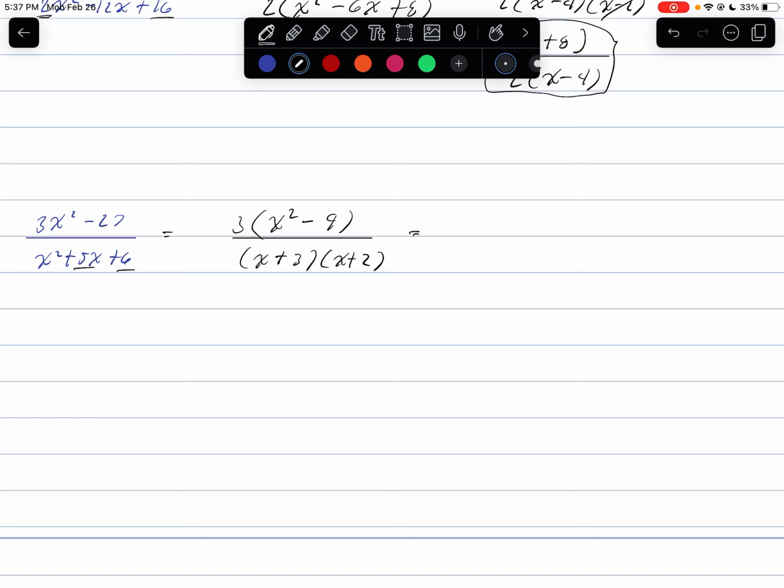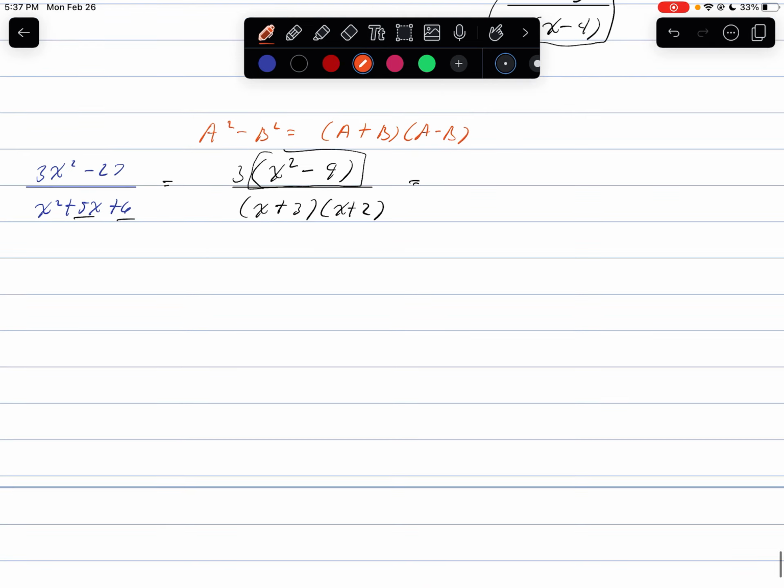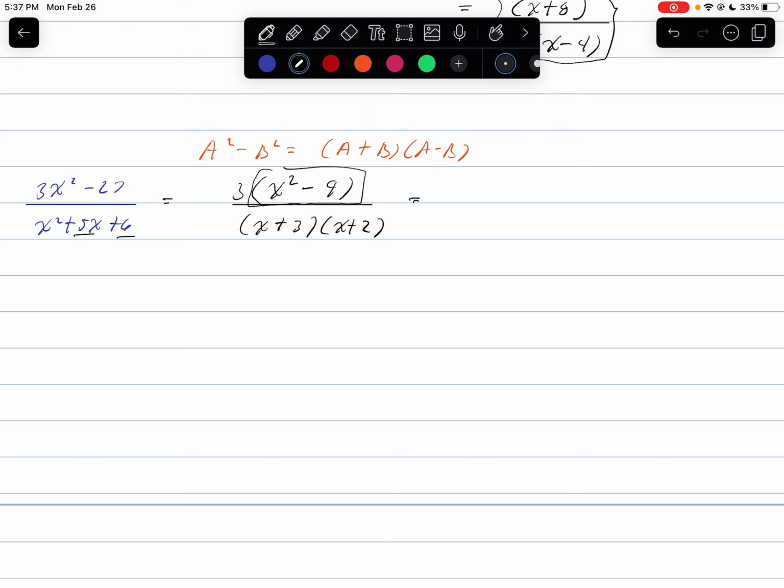But in the numerator here, we have a difference of squares. So remember, as stated before, if we have a squared minus b squared, this is a plus b times a minus b. So this becomes 3 times x plus 3 times x minus 3.